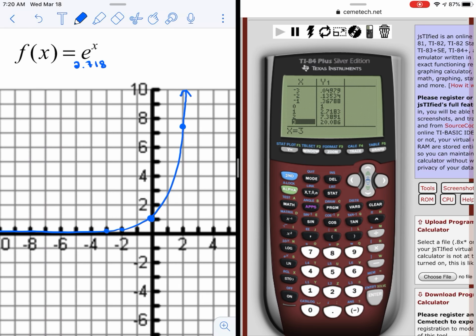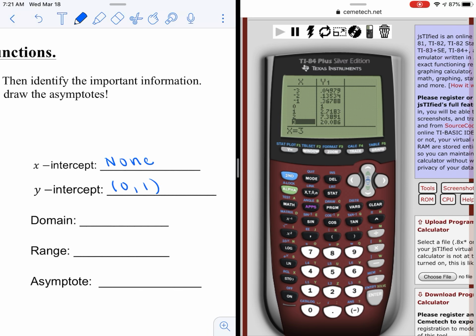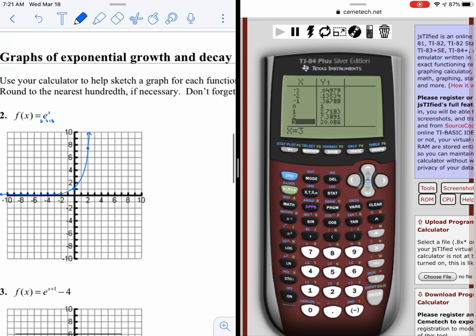So to answer the questions on the side, you will see the same things that we saw from yesterday or from the other day of notes. X-intercept, there's none for this one, but there was that y-intercept of (0, 1). As with the other graphs, the domain is always all real numbers, but the range depends on that asymptote.